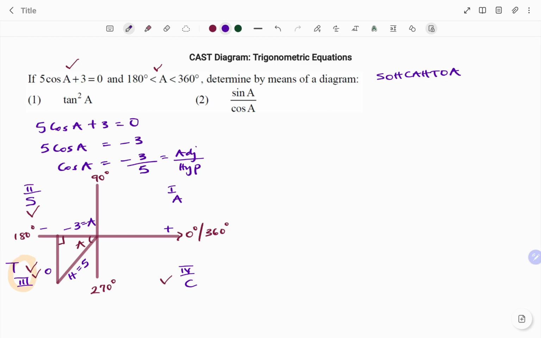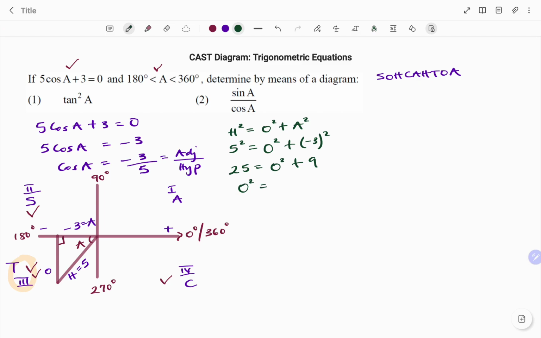To calculate the value of the opposite, we're going to use the Pythagoras theorem that states that the square of the longest side, which is the hypotenuse, is equal to the sum of the squares of the other two sides. So we have hypotenuse squared equals opposite squared plus adjacent squared. Hypotenuse is 5, so we have 5 squared equals opposite squared plus negative 3 all squared. 25, that's 5 times 5, equals opposite squared plus 9.